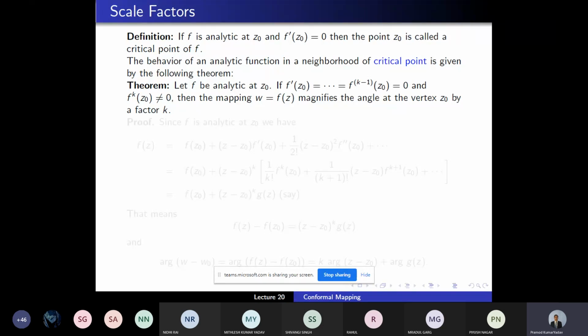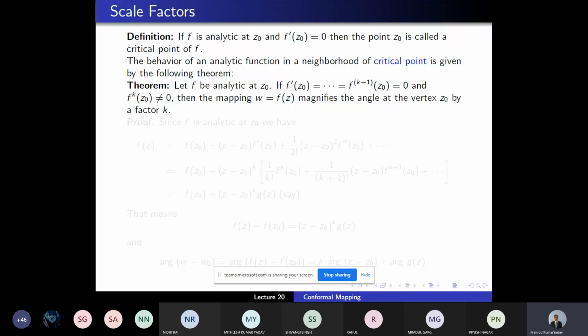When we are going to construct a building, we make a small model that is known as the sample. The sample will be small in size, but the actual building will be in large size. So size is going to be changed, but the shape is not going to be changed.